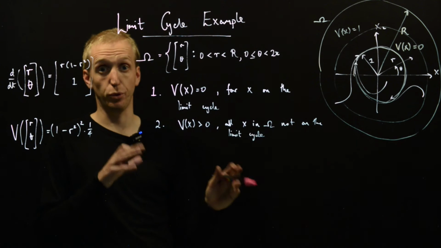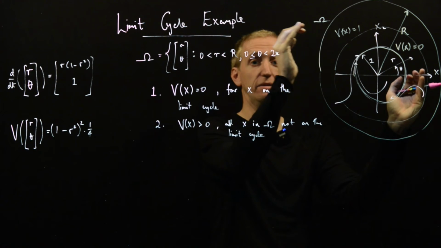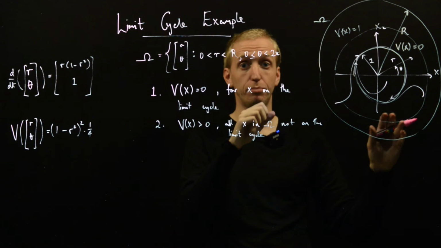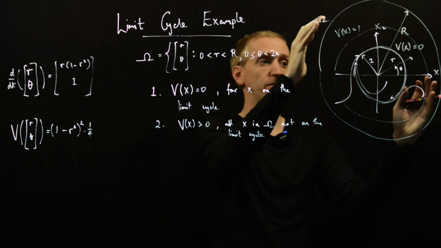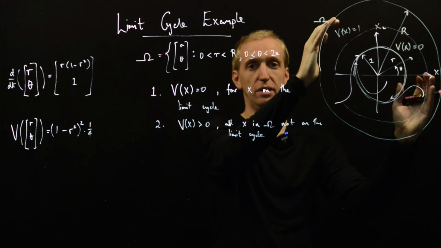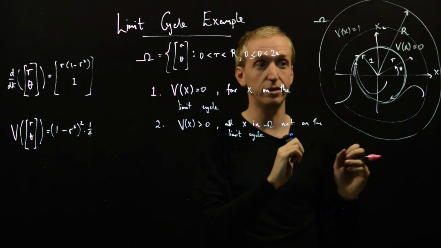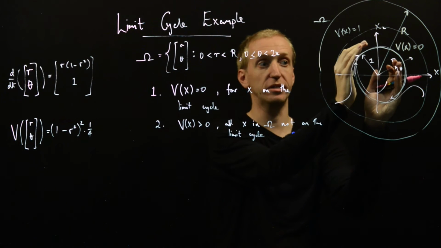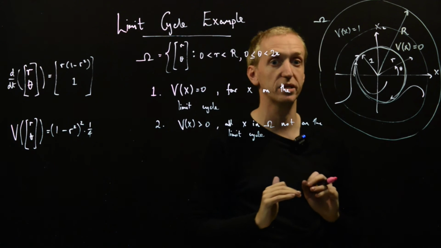So everything's sort of set up to work. We have these level sets. They are getting bigger and bigger. And now if we can prove that V dot is strictly decreasing, that means that whenever we're on one level set, we're guaranteed to move to one of lower energy, and we'll keep on going and going until we end up on the level set of 0 energy, which corresponds to our limit cycle.